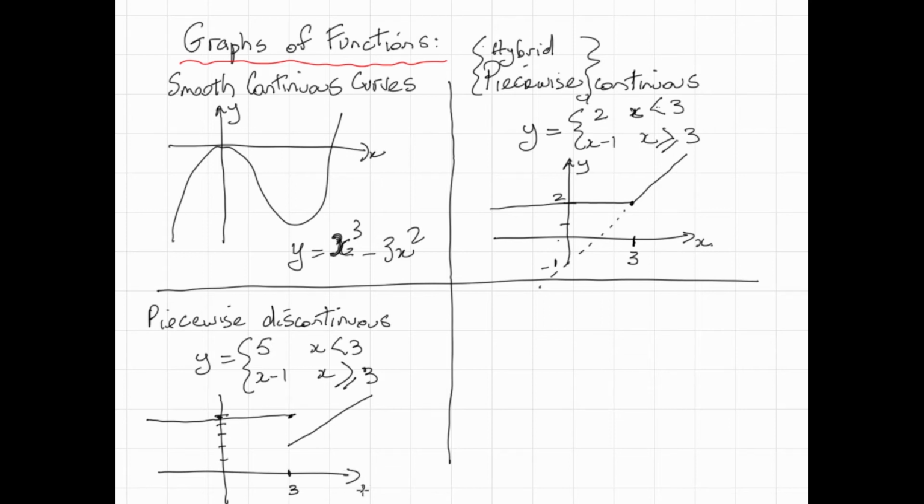So that would be the graph of the function. I'll put some axes on here. And you can see why it is now discontinuous. There's a gap in there. It's a piecewise function still, just like up here, but there is a gap in the graph, so it is discontinuous. And we'll spend a bit more time a little bit later in the course looking at tests for continuous and discontinuous.